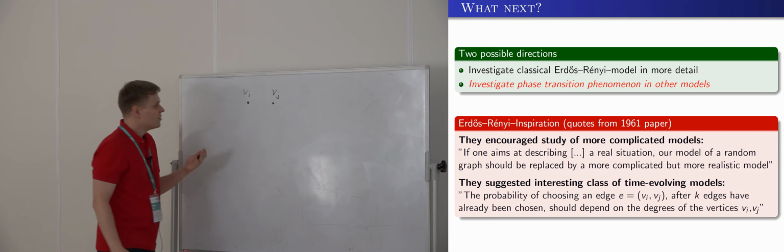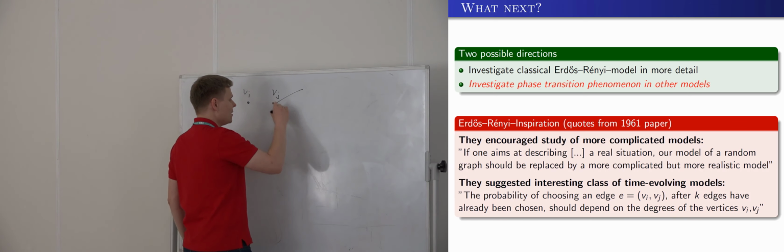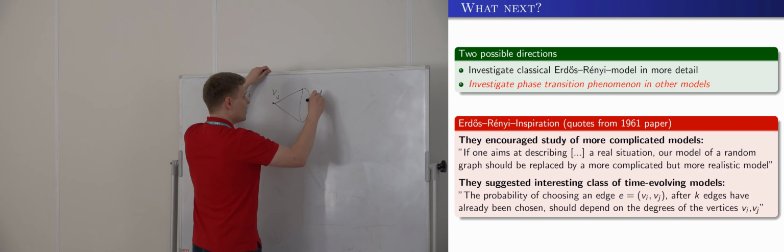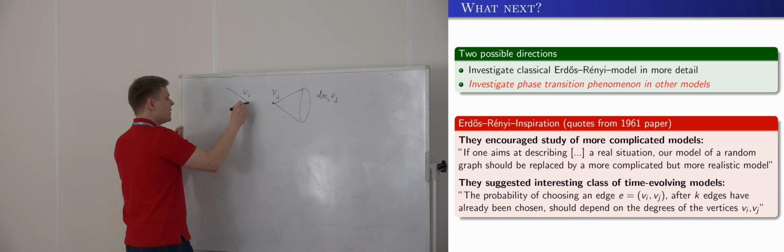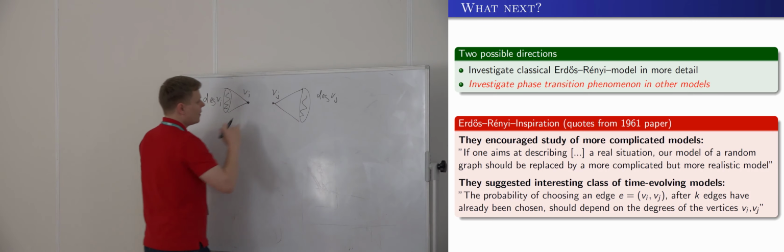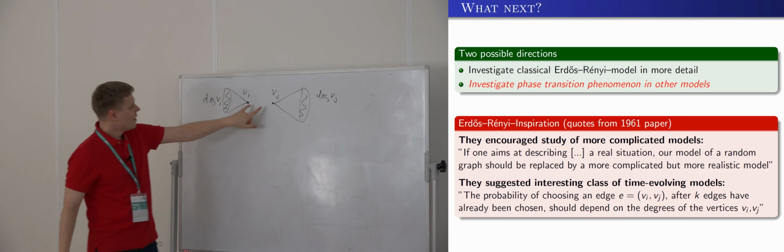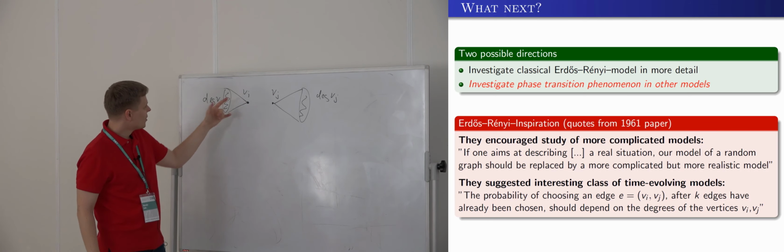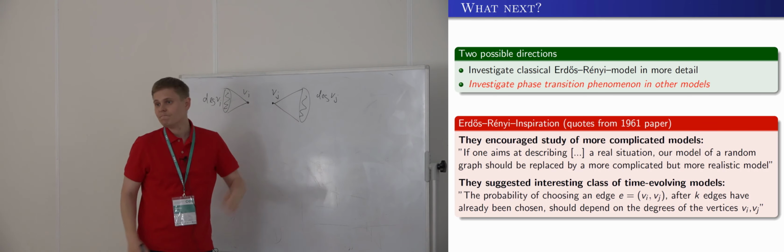And their suggestion is it should depend on the degree that these guys have in the current graph. So these are, say, the neighborhoods, and the sizes of these sets correspond to the degrees. And what they propose is the probability of adding this edge in the next step should be proportional to some function of the degrees. Okay?